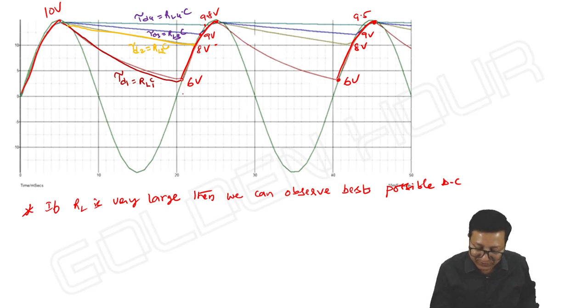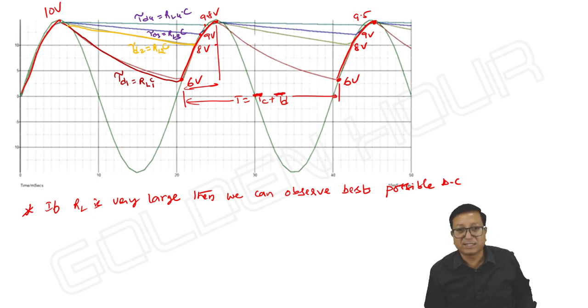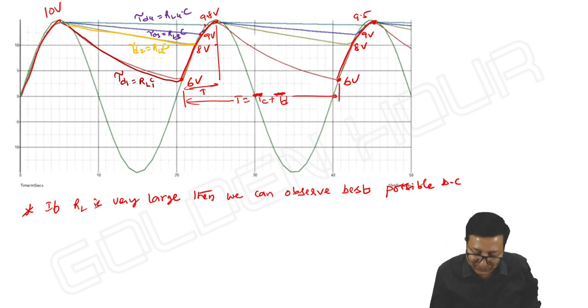Anyway, from this point to this point is one cycle T, which is equal to charging time plus discharging time. Charging time is Tc, not the time constant, and discharging time is Td.